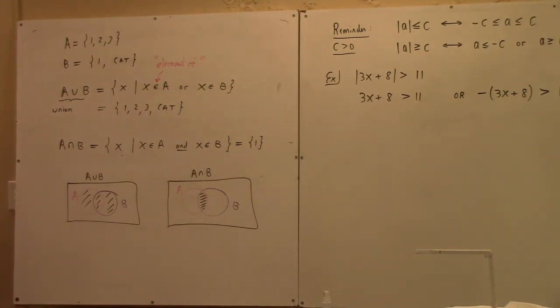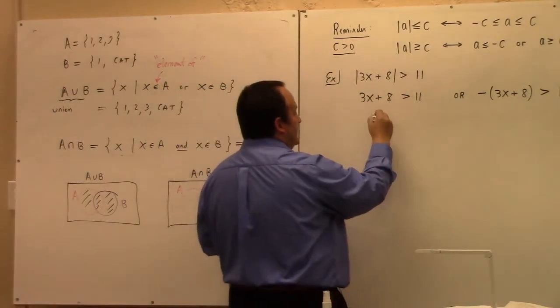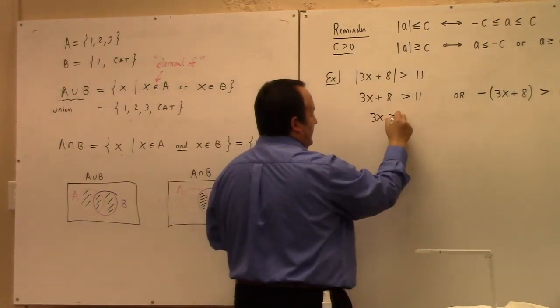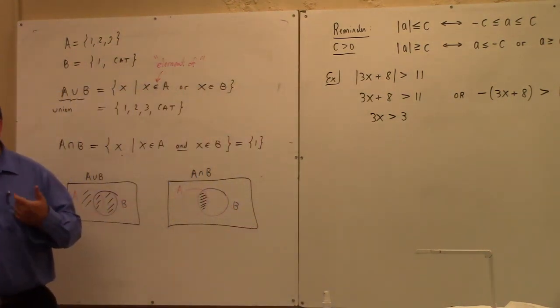So we have two inequalities to solve. In this one, we've got 3x greater than 3, because subtracting 8 from both sides, 11 minus 8 is 3.